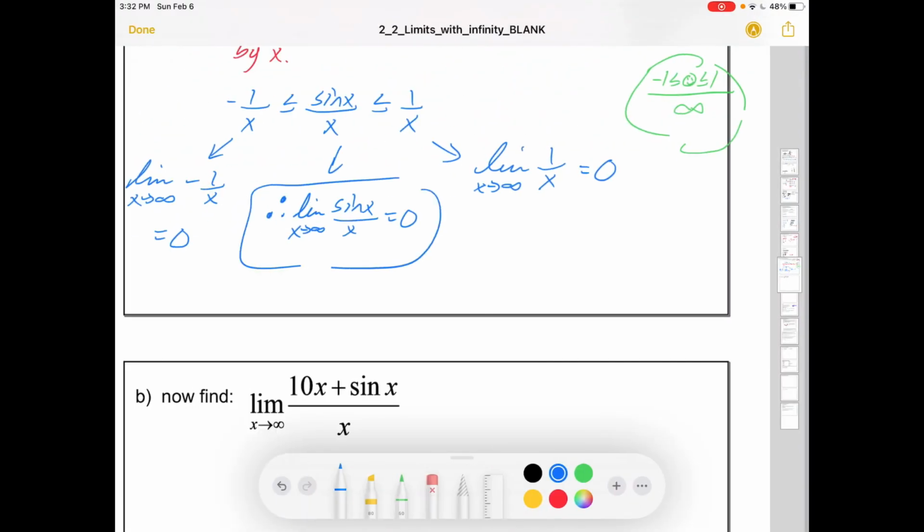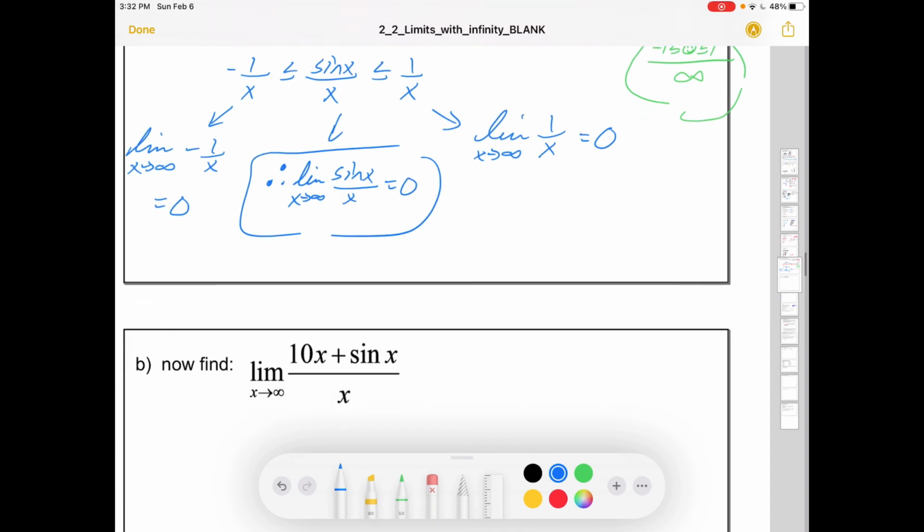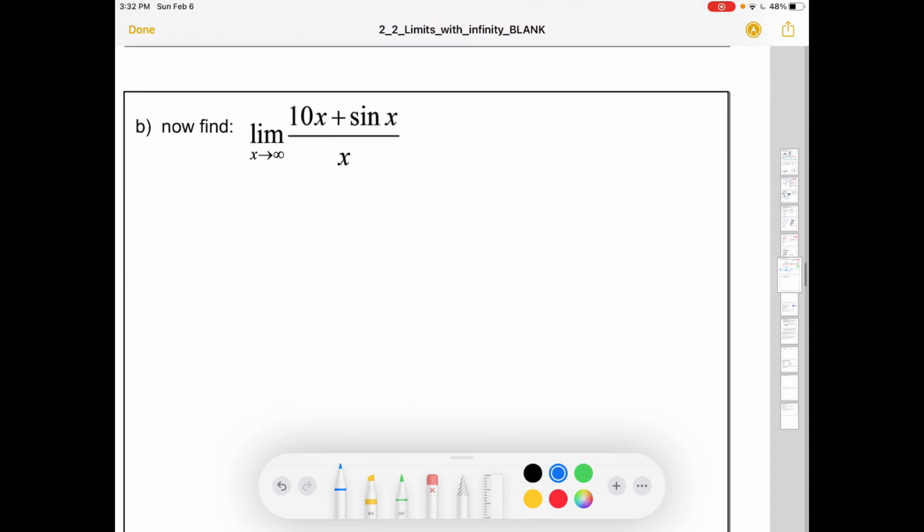So once we know this fact, that the limit as x goes to infinity of sine x over x is 0, we can use it in some other limit. So if we wanted to find the limit as x goes to infinity of 10x plus sine x over x, I can split those into little bits. And the x's here could divide out.